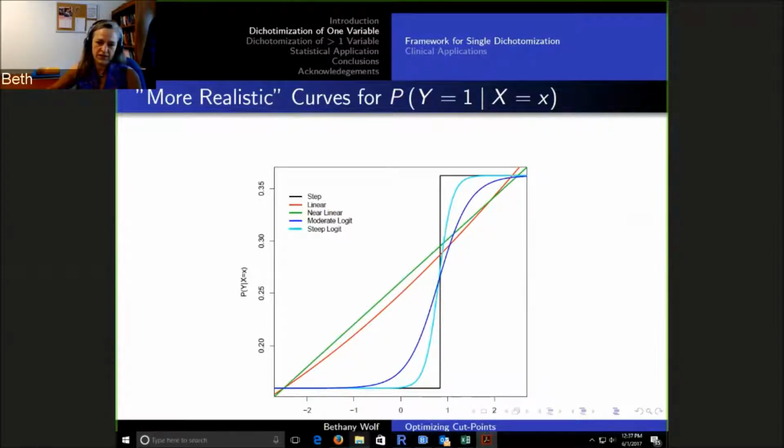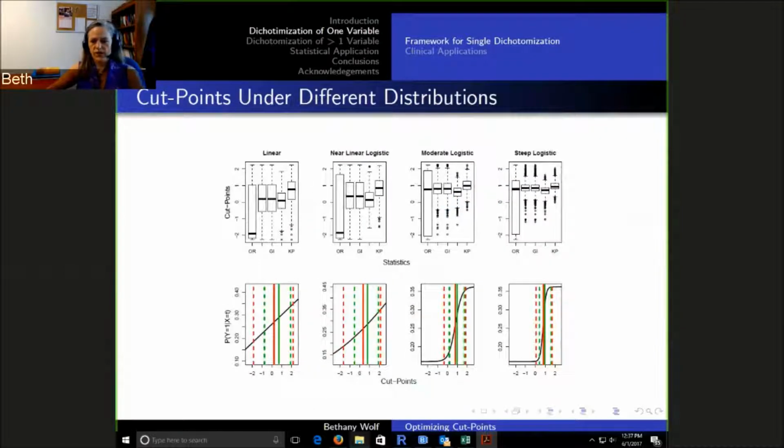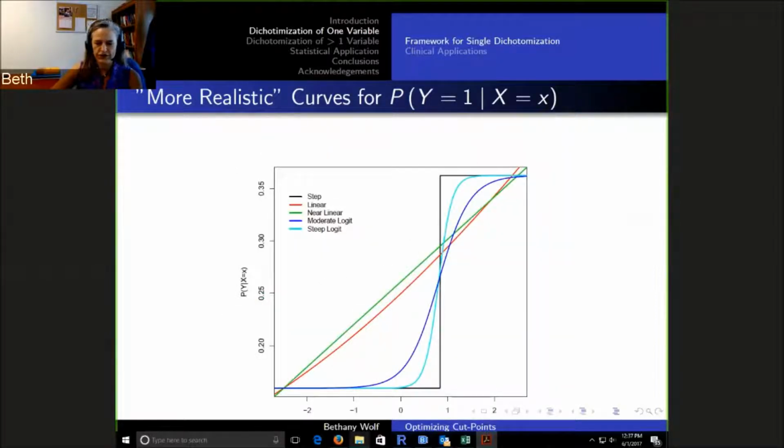So again, the argument is there are cases where we don't want to select a cut point, and ideally you'd like to be able to make that distinction that a cut point isn't appropriate because your relationship is nearly linear. But you'd also like to be able to make the distinction when there is the possibility that a cut point should exist. And so what I did, as a statistician, is simulate more data that followed these curves, because we've already looked at the step function.